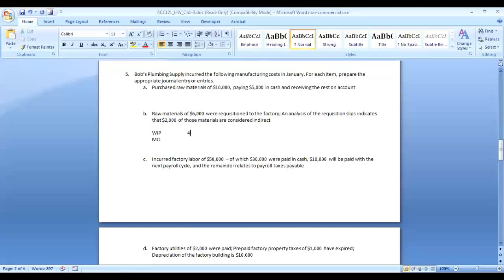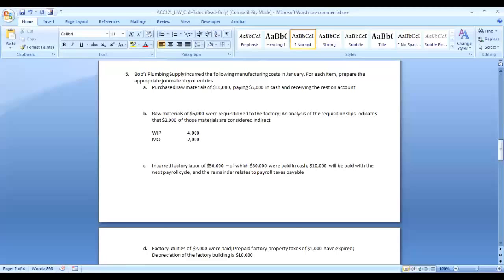We want to send the direct materials directly to work in process, and the indirect materials over to manufacturing overhead, at least for the time being, because that cost doesn't sit in there forever. We eventually assign it to work in process, but it sits temporarily in overhead. And you would also credit raw materials for 6,000. Yeah, exactly. Take the total out of raw materials for 6.